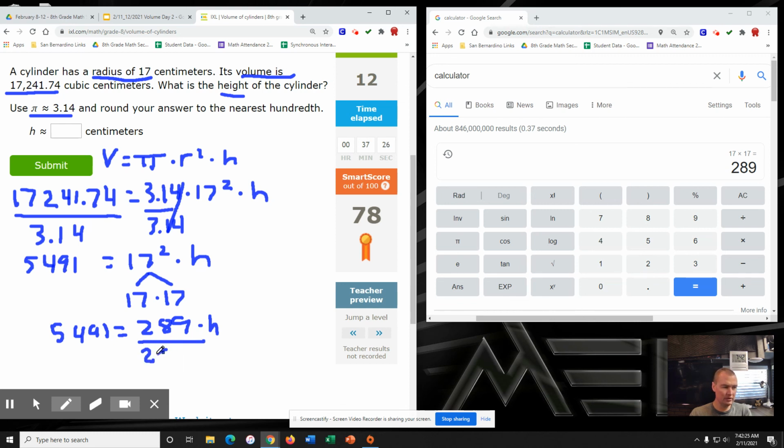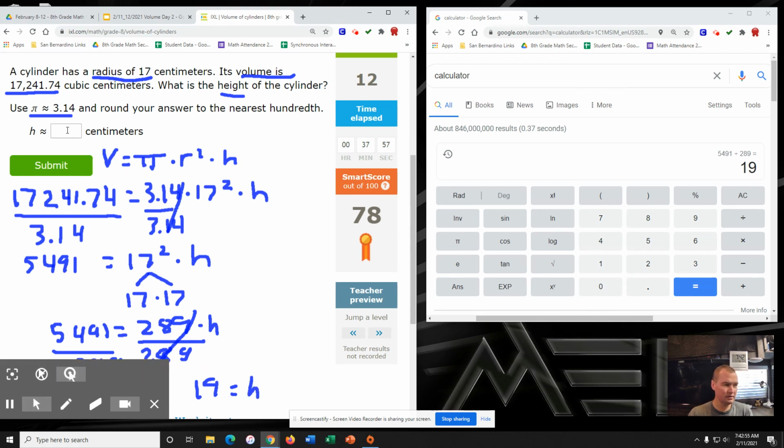Divide 289. So here we go. We got 5,491 divide 289 equals, eliminate our radius there, h. So 19 is the height.